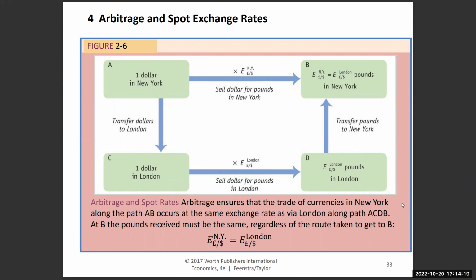But we can go also to another market, the London market, and we do have our dollar here, we can transfer the dollar to London, sell the dollar for pounds in London, then get pounds and transfer them to New York, okay? And we want to have exactly the same amount of pounds in the end, no matter on which market we are trading. Otherwise, it is possible to speculate.